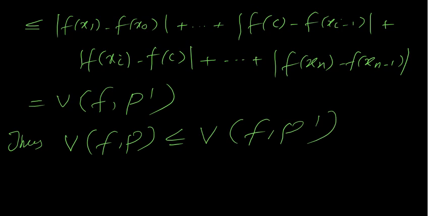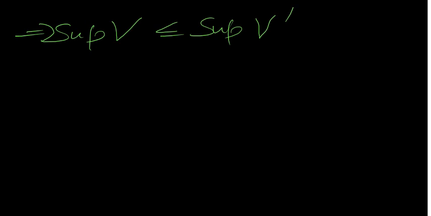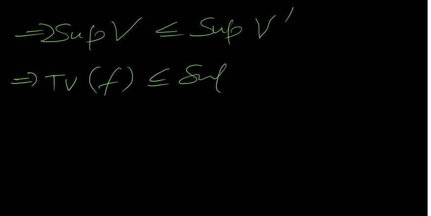So if you take the supremum over these partitions, the supremum of these variations is less or equal to the supremum of those variations. But the supremum over V of AB means the supremum of the set V which we have constructed. So the supremum of the set V is less or equal to the supremum of the set V dash, but this is the total variation. Total variation of F is less or equal to the supremum of V dash.